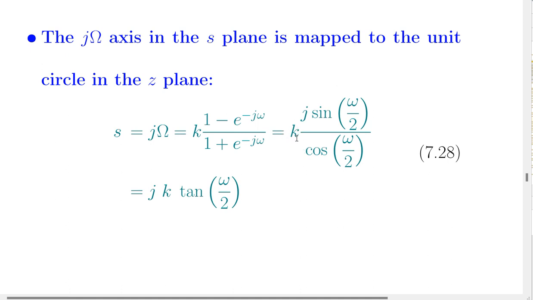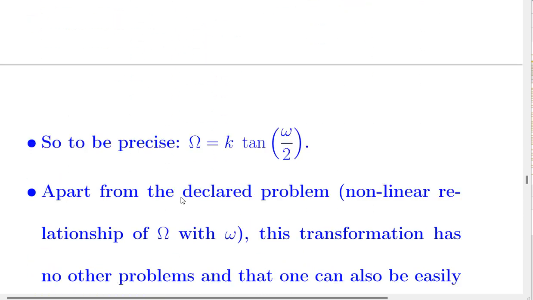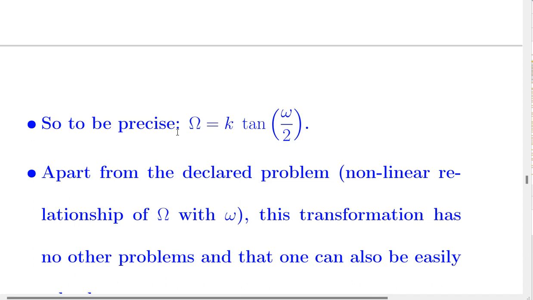That is k times j sine of omega over 2 divided by cosine of omega over 2, leading to a tangent: j times k times tan of omega over 2.